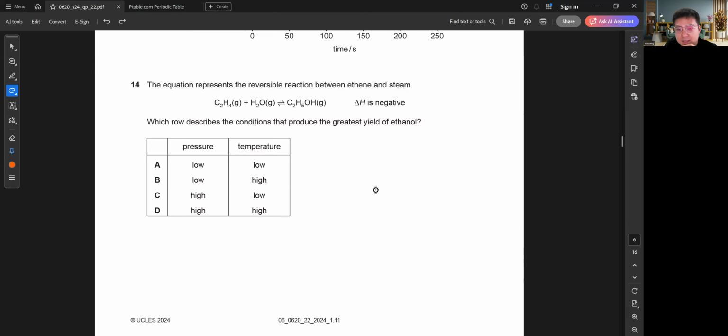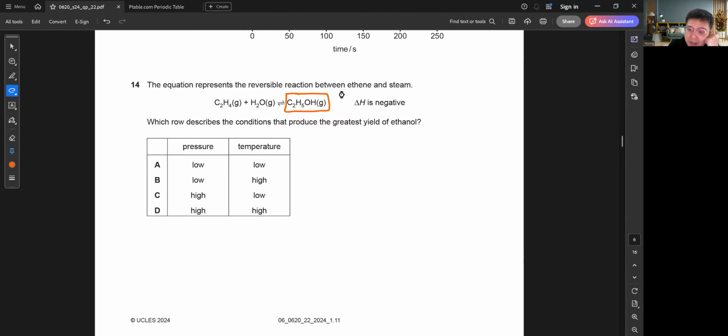Number 14. The equation represents the reversible reaction. Which row describes the condition that produced the greatest yield? Okay, so basically this one is a reversible reaction. Students, make sure to study this. We want ethanol, which is this one here.